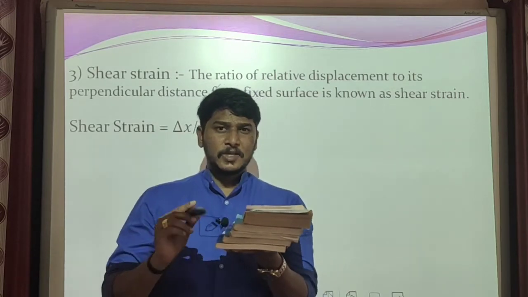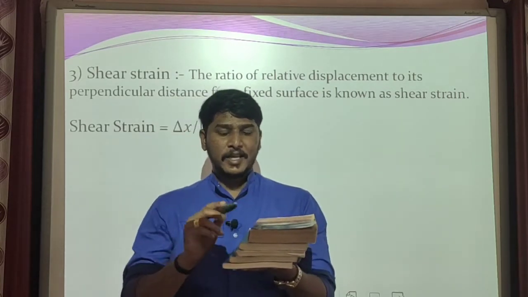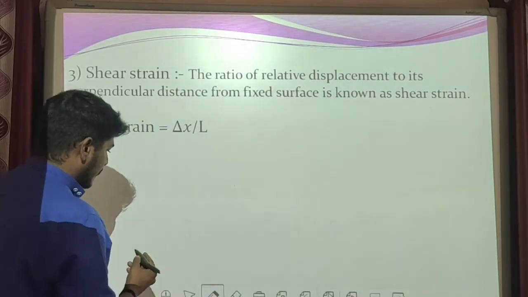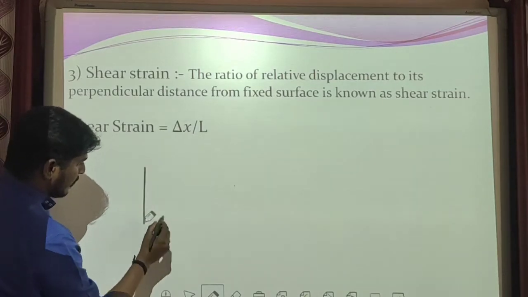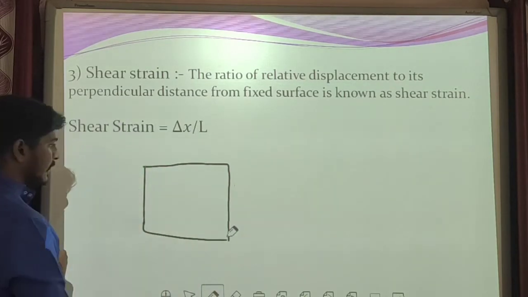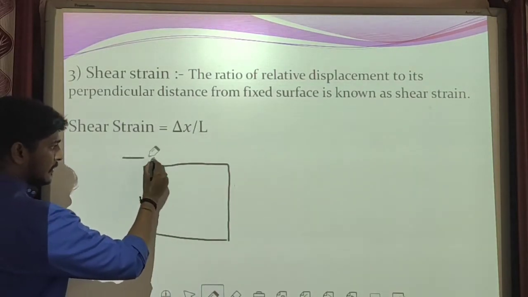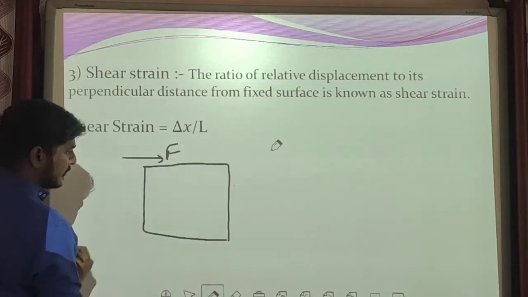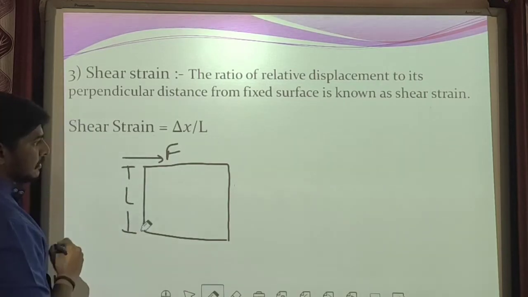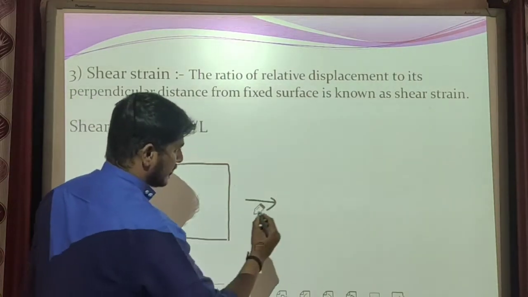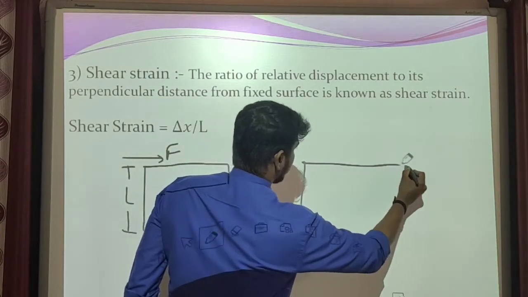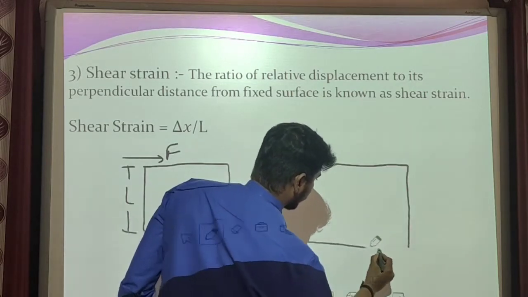Let us see what shear strain is diagrammatically by taking the same example. Here I am going to take one object, then apply some amount of force F, and it has initial length L. Let us suppose this is the original object.